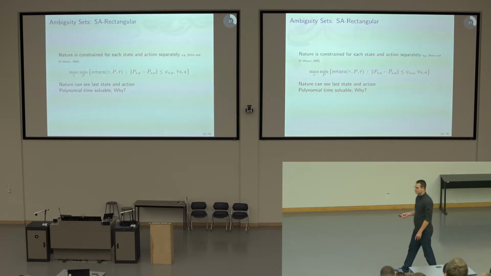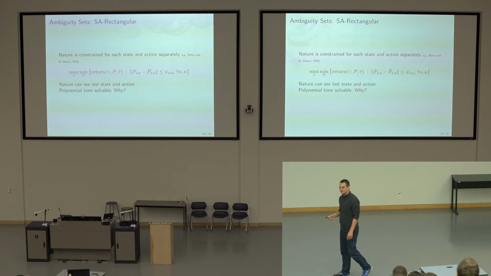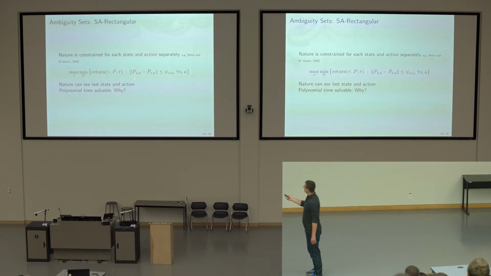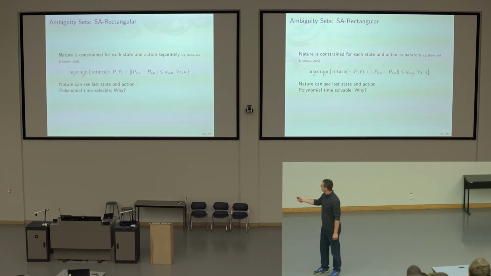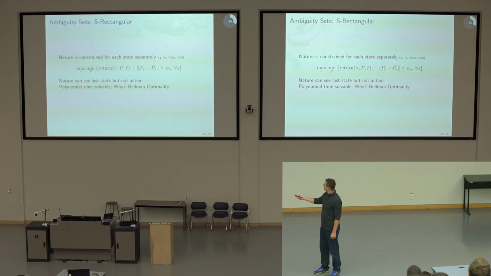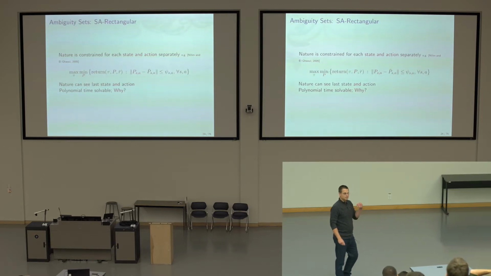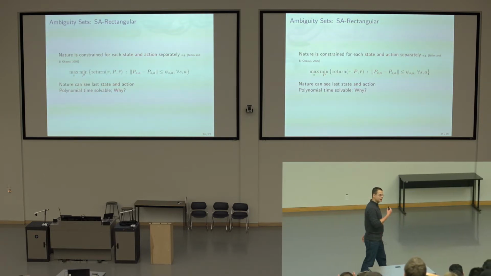There's another model called SA rectangular, or state action rectangular. And in this case, we're defining our constraint for each state and action independently. And while the former model, you can interpret as nature seeing the state, but not seeing your action, this one you can interpret as nature seeing both the state you're in and the action you took.